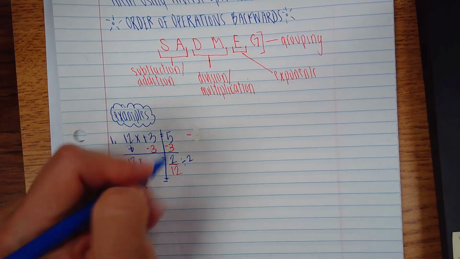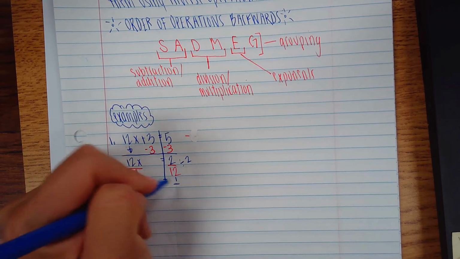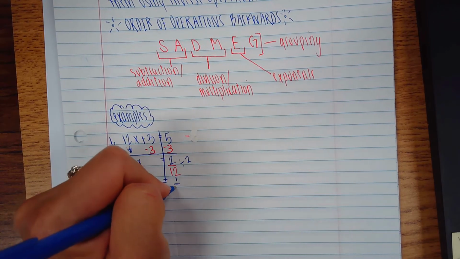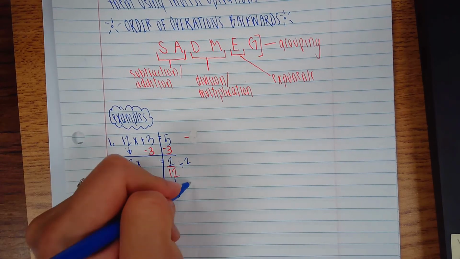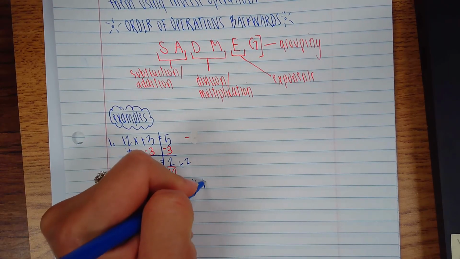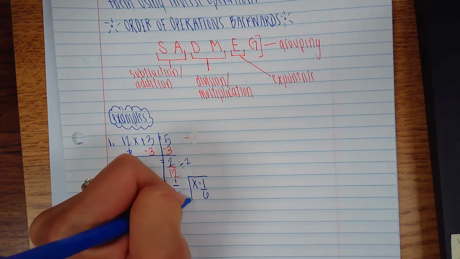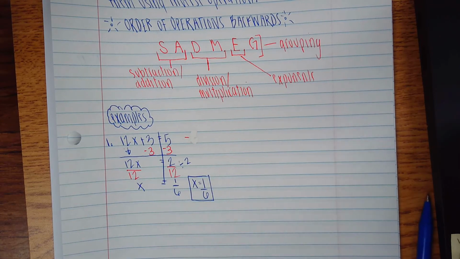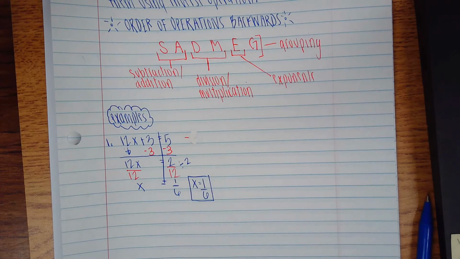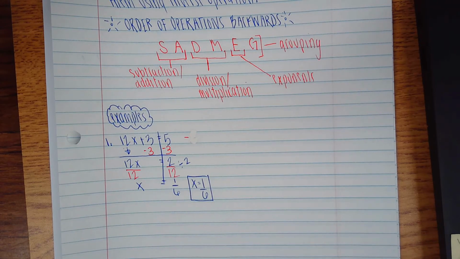So 2 divided by 2 is 1, and 12 divided by 2 is 6. So x equals 1/6. Sorry, guys. Probably shouldn't have given you a fraction on the first one. My bad.